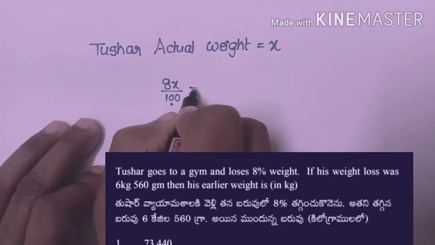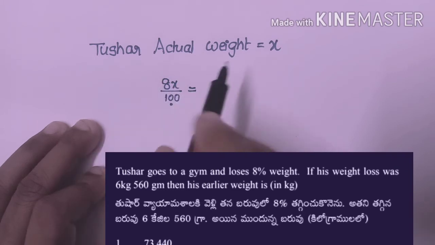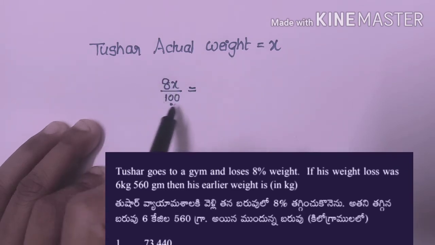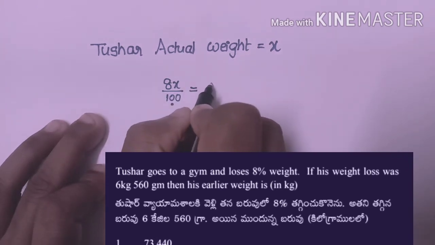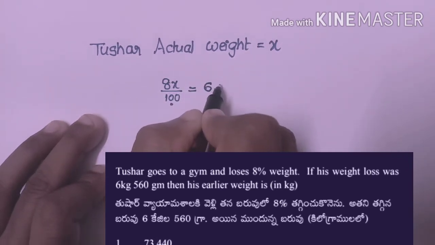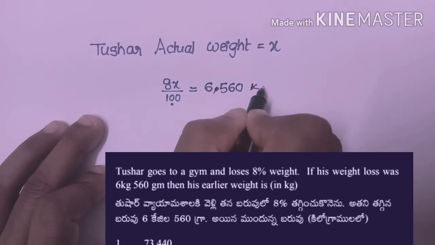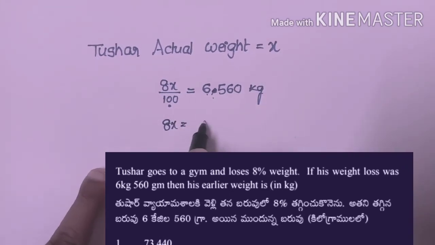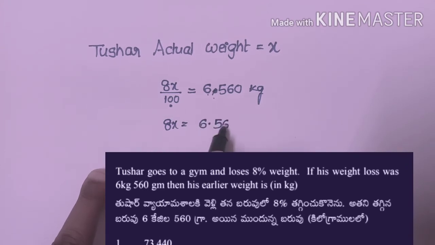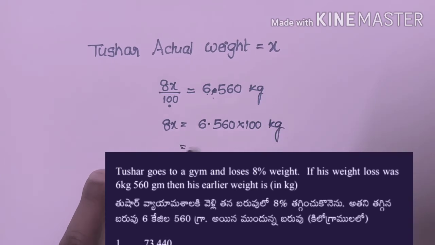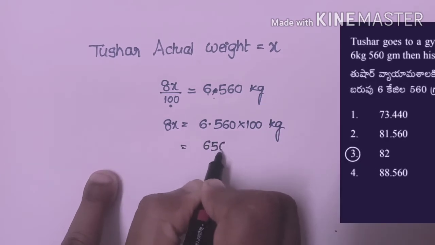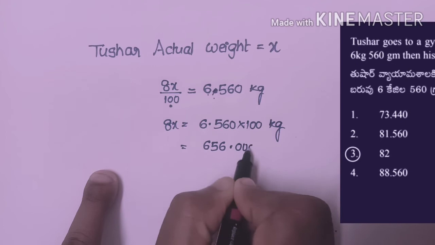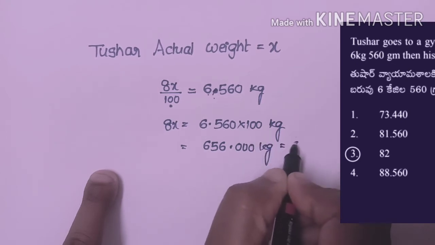That is, weight loss is equal to 8x by 100, and also given that weight loss is equal to 6 kgs 560 grams, that is 6.560 kgs. So 8x is equal to 6.560 into 100, which is 656 kgs.